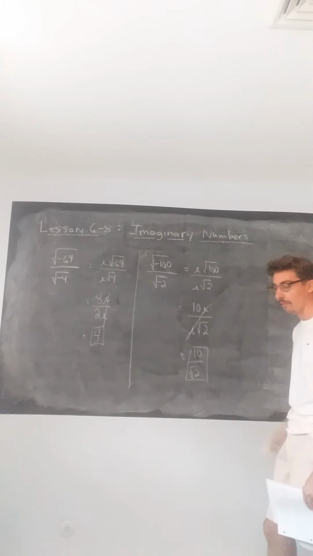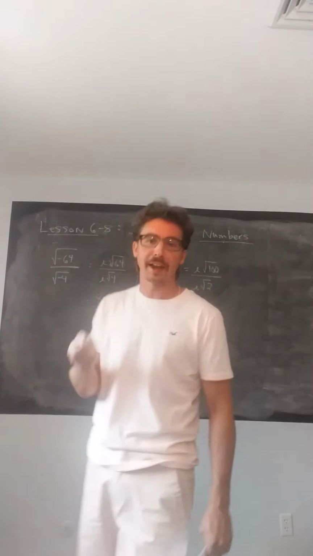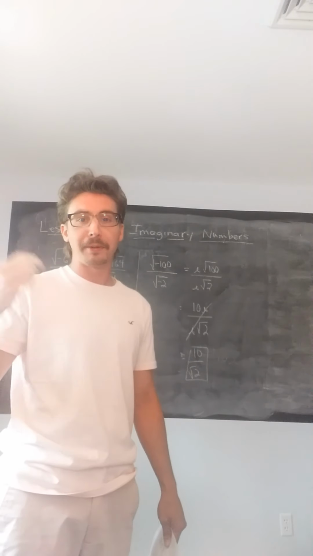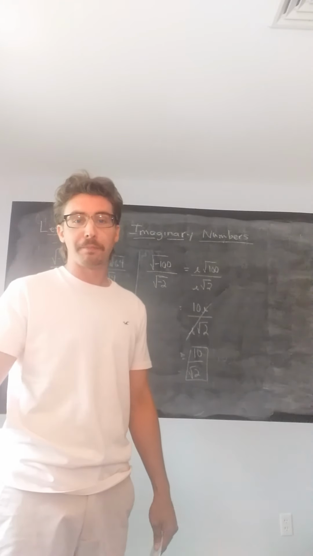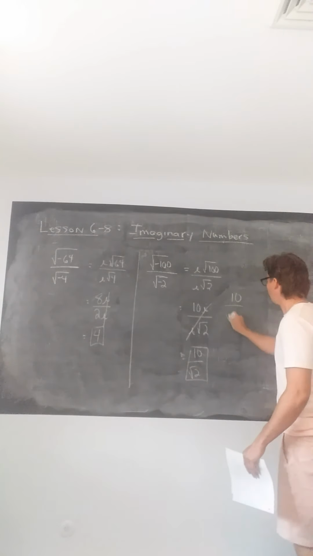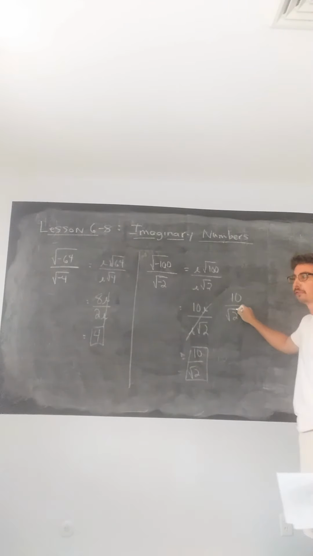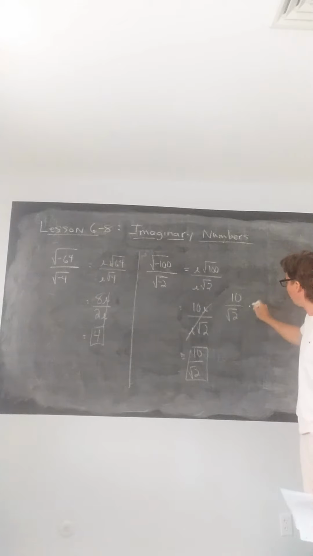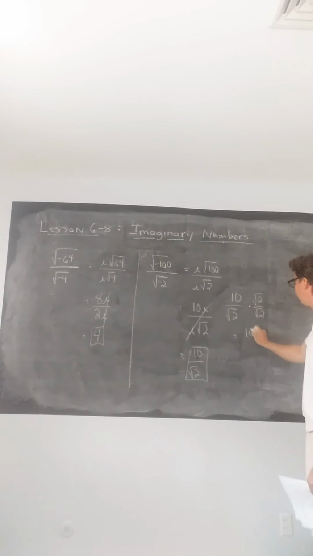Okay? Now, let me show you something though. And you're not going to have to do this, but this is noteworthy for those people that are going on to geometry or pre-calc: if you have something like 10 over root 2, usually we have to do something called rationalization. We don't like having a radical in the bottom. So what we do is we multiply the top and bottom by that radical, and what that does is it springs that number out.